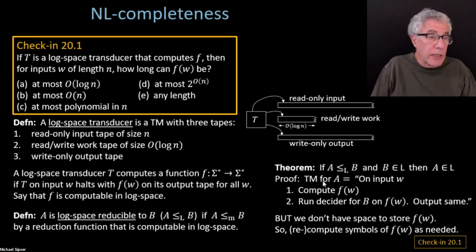And that's not going to be allowed. It's got to halt with the output on the output tape. And so it'll be disqualified as a log space transducer if it doesn't hold. So it can't be anything longer than polynomial. It's a good thing to think about, to understand.